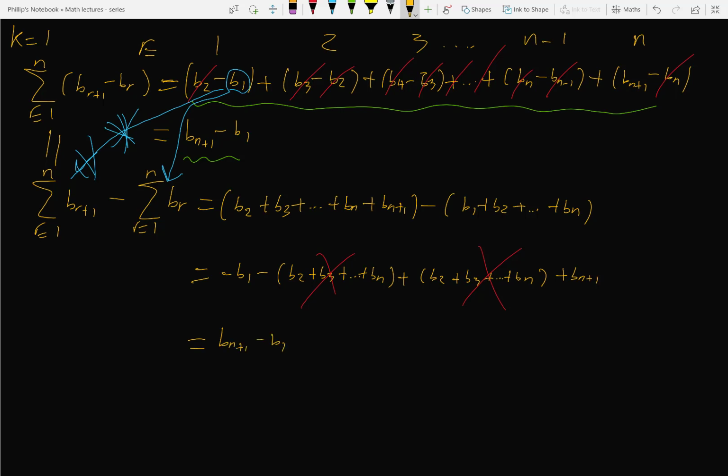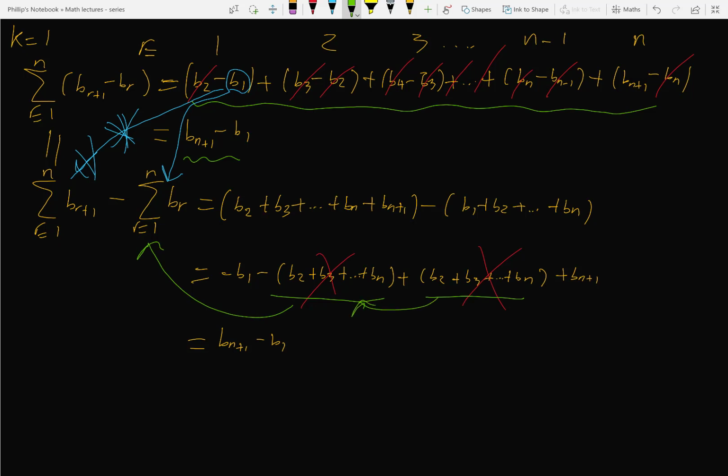The reason they all cancel is because these are the only terms that don't appear in both sums; all these other terms appear in both sums. So this term and this term both appear in both of these sums, because this is the same term.